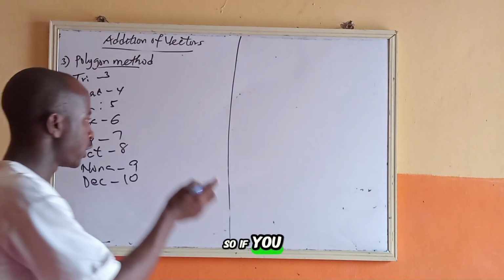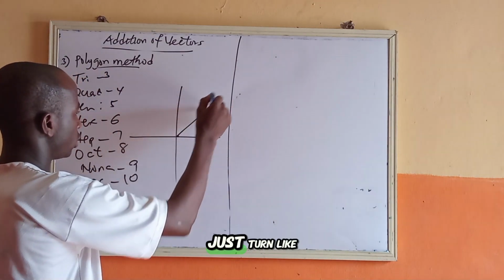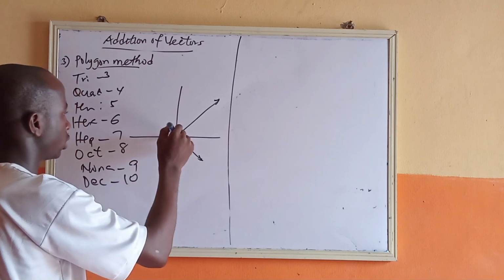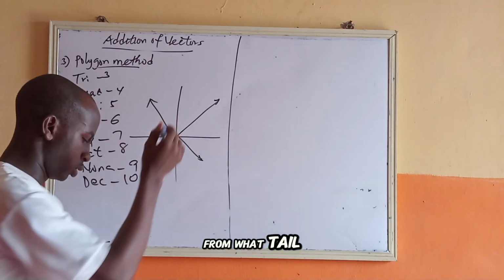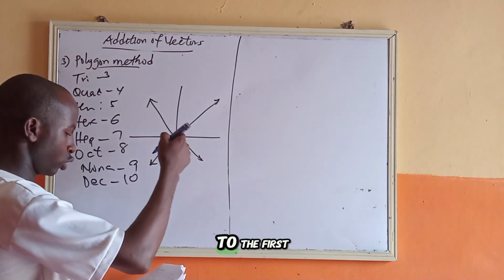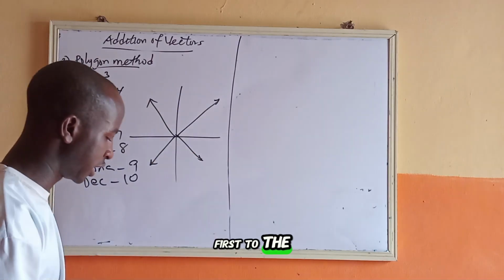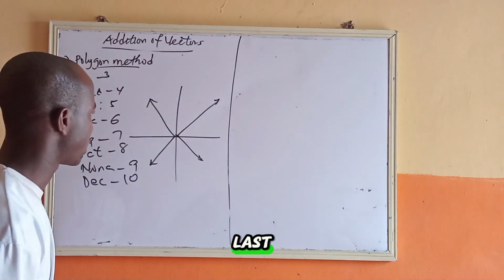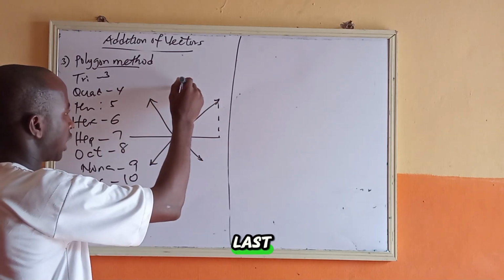So if you have something like this, you start from the tail. We said the resultant is from the tail of the first to the head of the last.